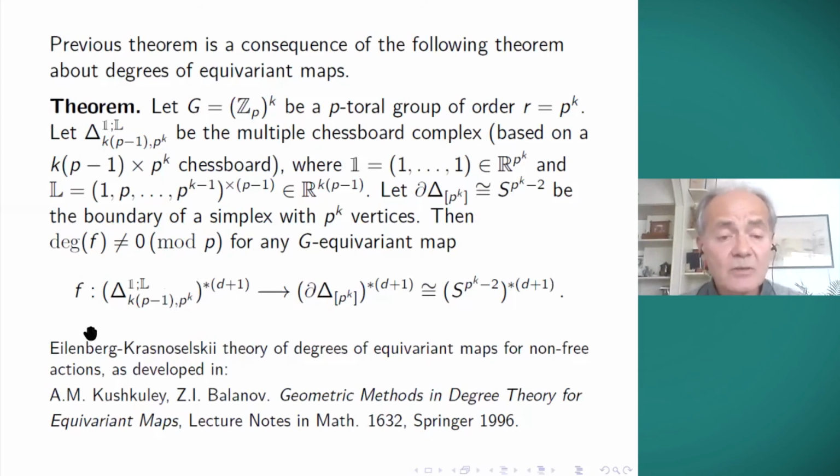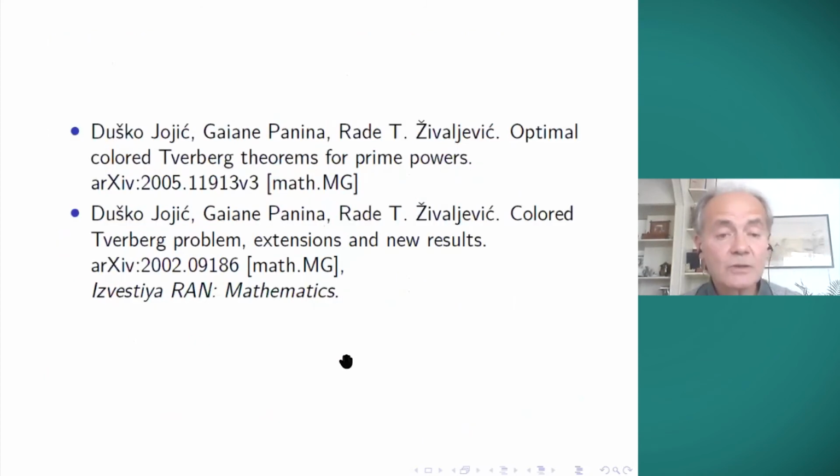This can be described as the Eilenberg-Krasnoselsky theory of degrees for equivariant maps for non-free actions. And a canonical reference is this book by Kushkuli and Balanov, Geometric Methods in Degree Theory for Equivariant Maps. And let me see, yes, these are the references. I have just a couple of minutes to make final remarks.